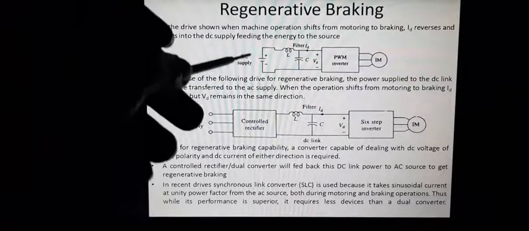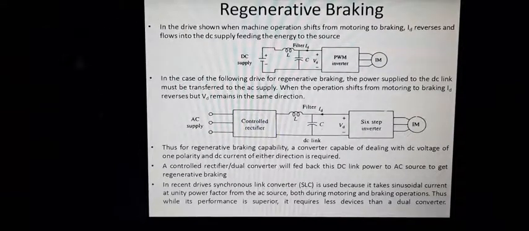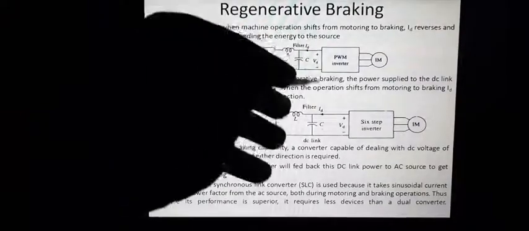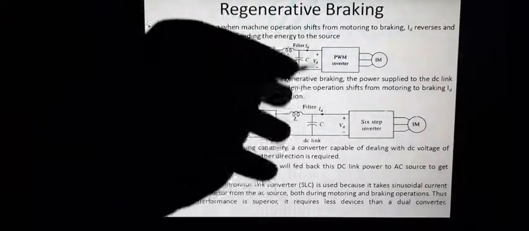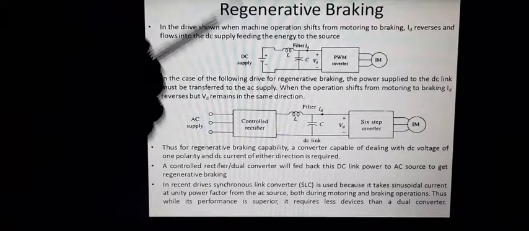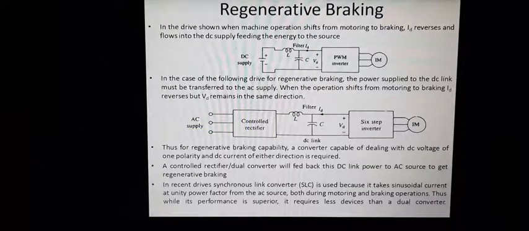So in both these cases, it is very clearly mentioned the direction of the current. The polarity at the DC link remains the same, but the direction of current has been reversed, comparing with the same diagram which we have seen in the previous slides during motoring operation. Here it is explaining about the regenerative braking. So in the regenerative braking operation, definitely the circuit remains the same.